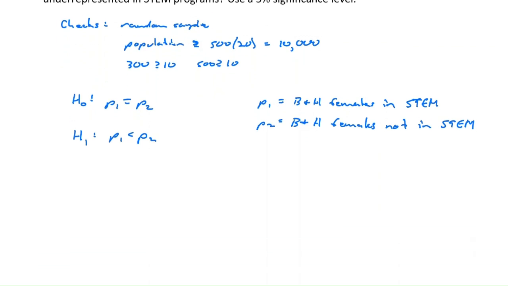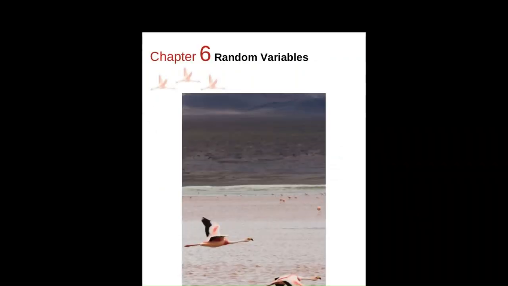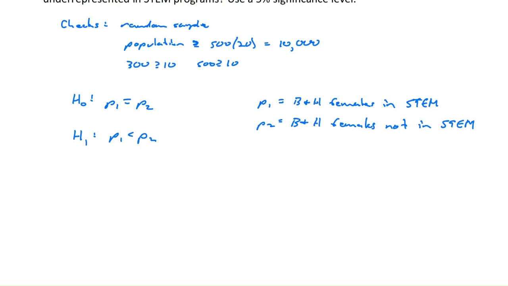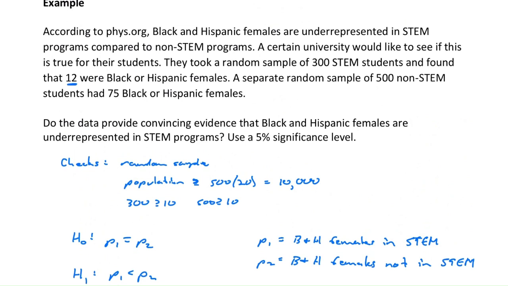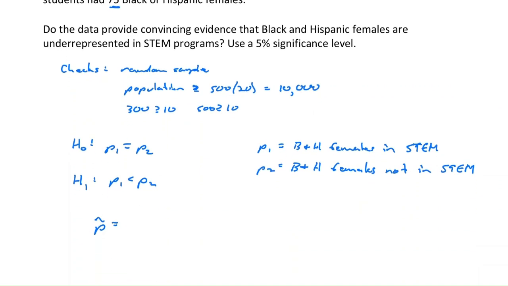All right, so we have to find P hat, right? We're going to do this pooled proportion before we get into actually finding Z. So P hat is going to be, so we take the 12 plus the 75. We've got 12 Black or Hispanic females in STEM, 75 who are not. That's the X1 and the X2 that we're adding together. So we're going to take 12 plus 75 and then divided by the two sample sizes.